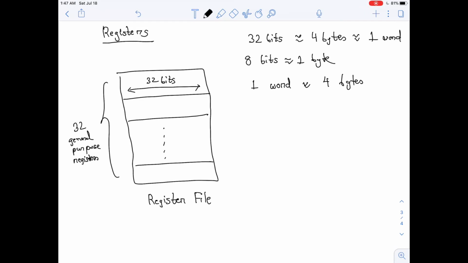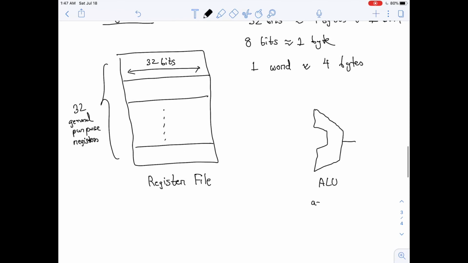So suppose we have something called the arithmetic logic unit, or ALU, which you should already be familiar with, performs operations such as addition, subtraction, and logical operations such as AND, OR, etc. Right? So your ALU is going to be fed values from registers.